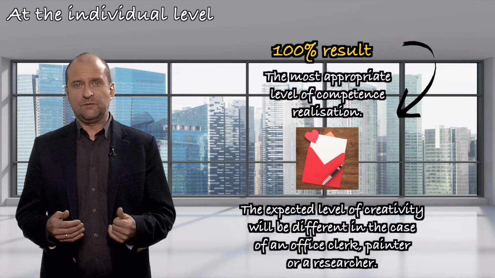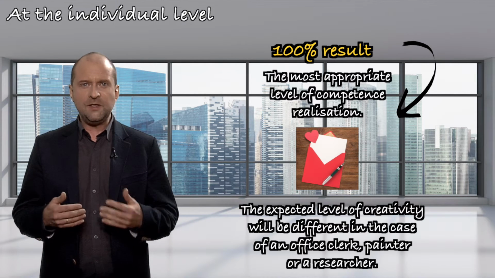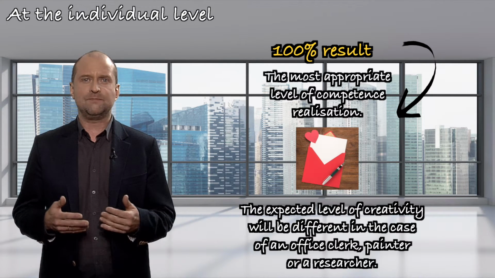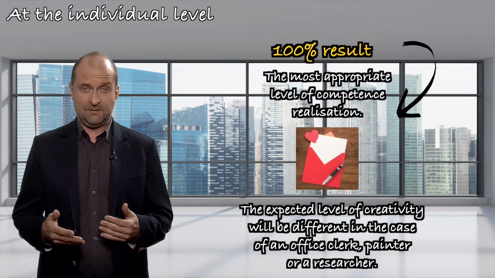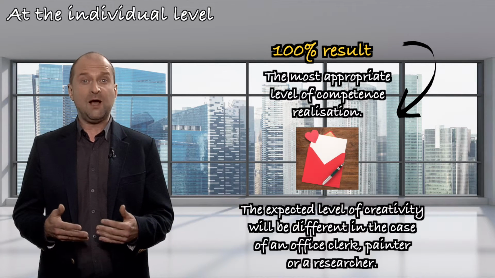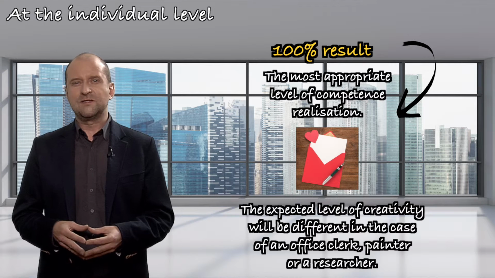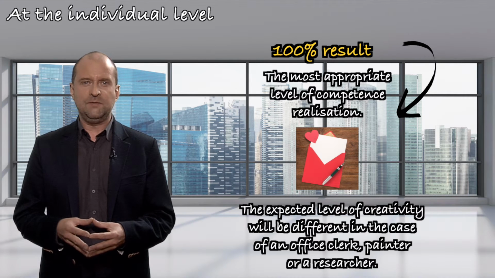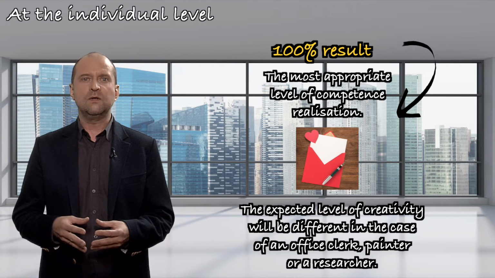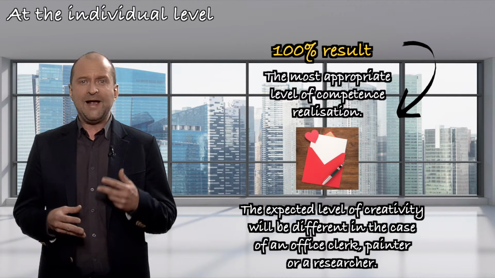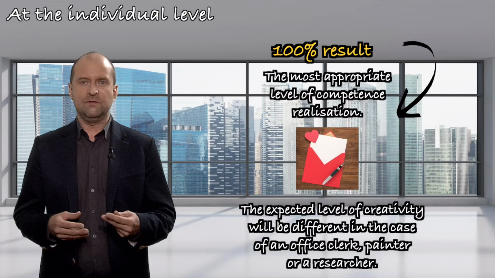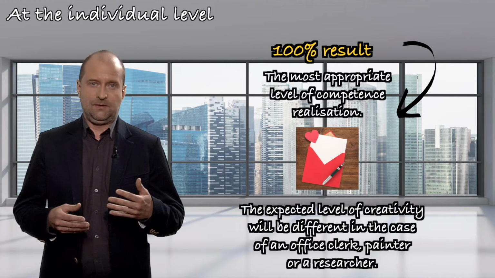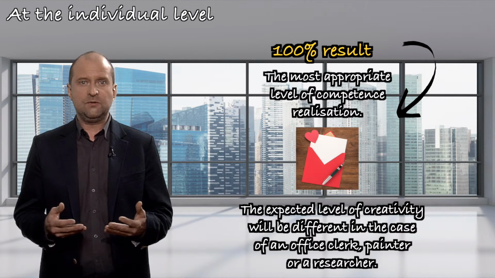The 100% result in a particular competence means an expected and appropriate level, but not objectively the highest. Such a structured study means that results below 100% will be achieved by people who exhibit too many creative behaviors as well as those who exhibit too few of them.